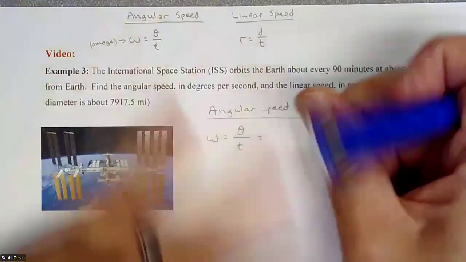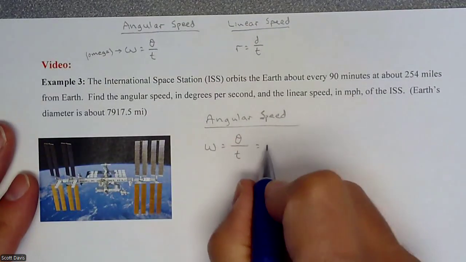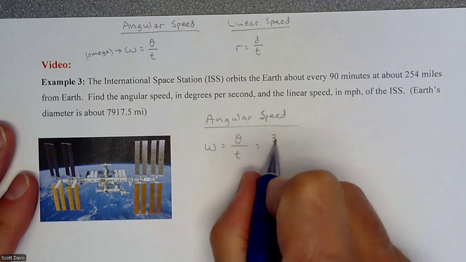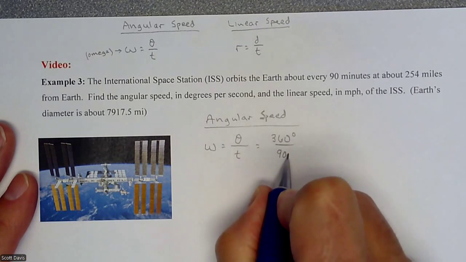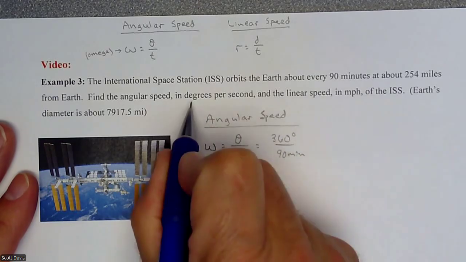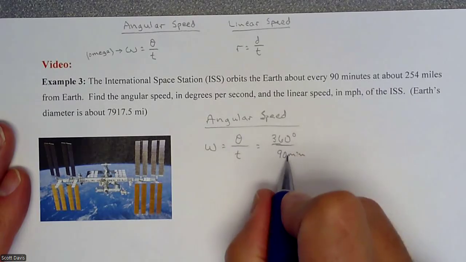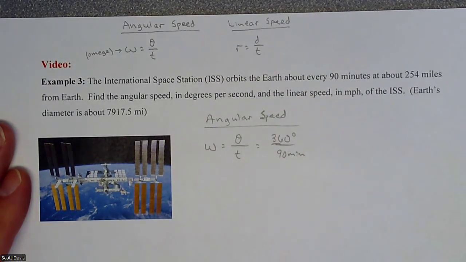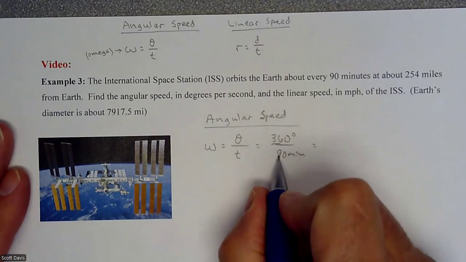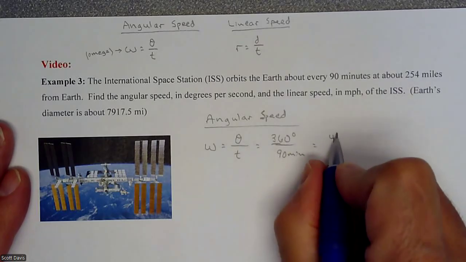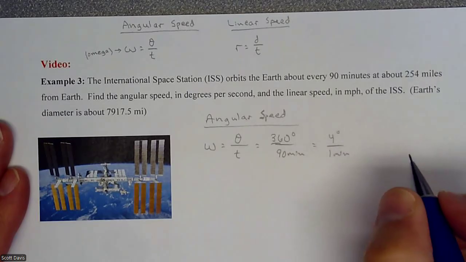So it's a rough S. So we go 360 degrees in 90 minutes, but we wanted degrees per second. So I'm just going to take that 360 and divide it by the 90. And it does go in nicely, actually. So the zeros will cancel. 36 divided by 9 is 4. So we have 4 degrees in 1 minute.